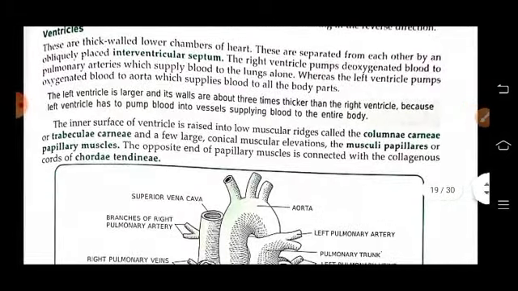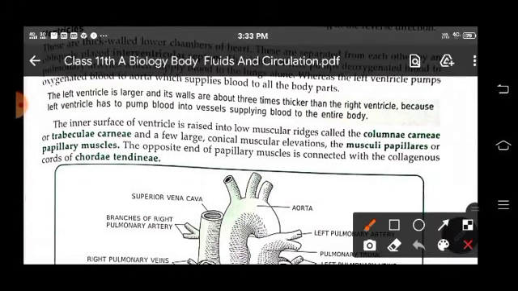Now the inner surface of the ventricle is raised in low muscular bridges called columnae carneae or trabeculae carneae and a few large conical muscular elevations, the musculi papillares or papillary muscles. At the opposite end, the papillary muscles are connected with the collagen cords of chordae tendineae.